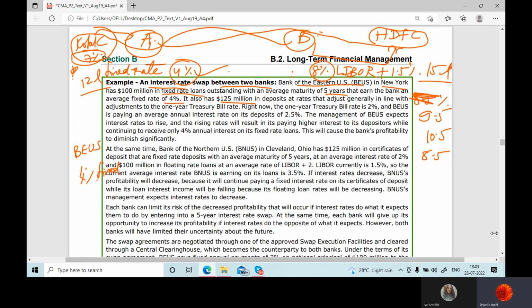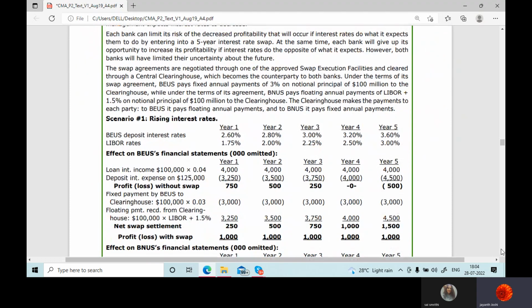Please tell me yes or no. Yes. So right now, the 1 year treasury bill rate is 2%, and BEUS is paying an average annual interest rate on its deposits of 2.5%. So what they are doing is they are making 2.5% as floating payments to their customers. Floating payments.